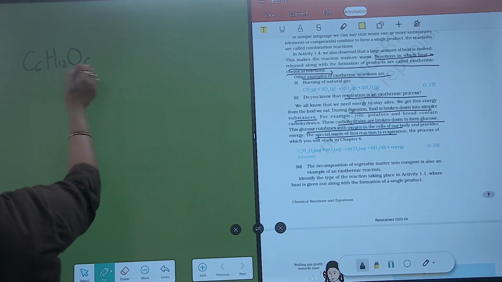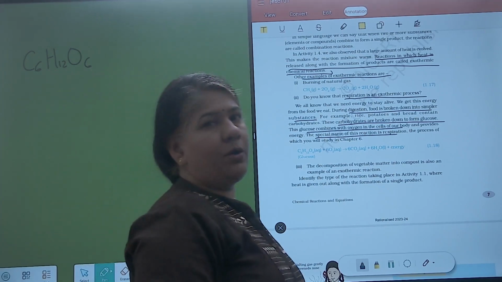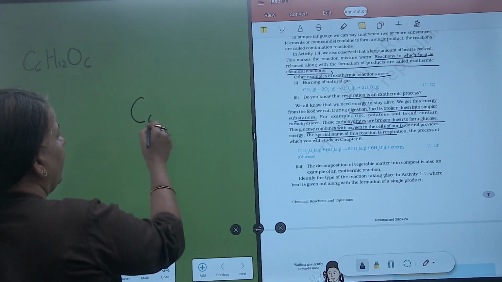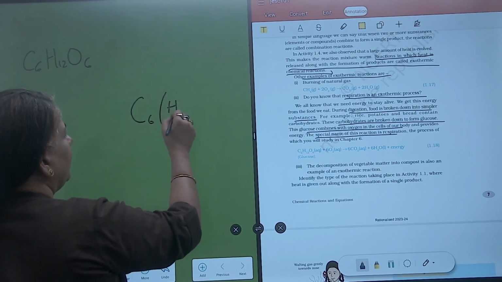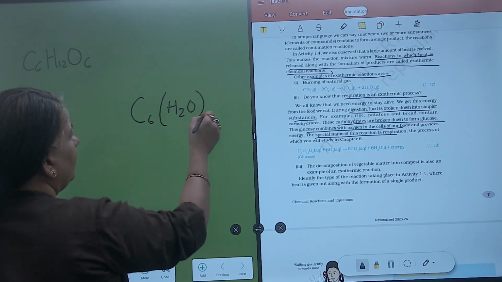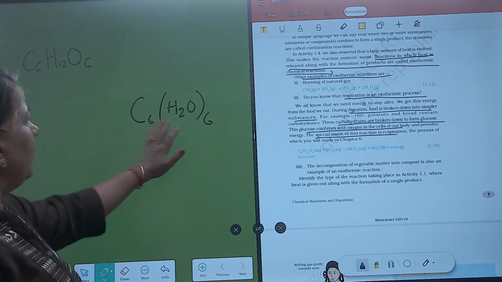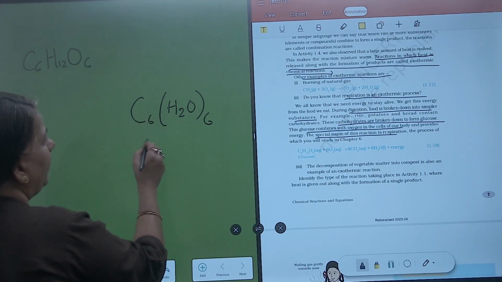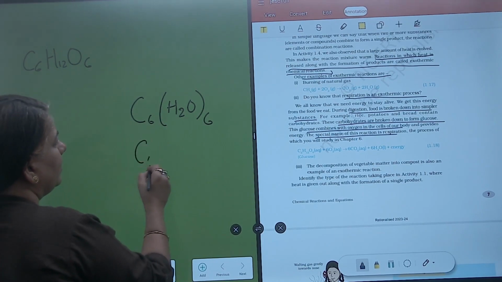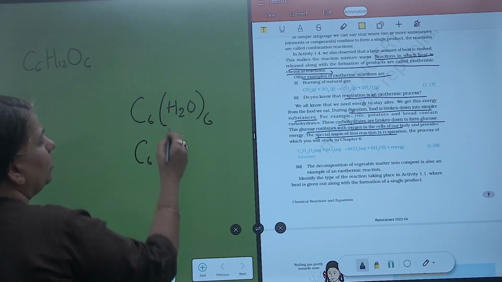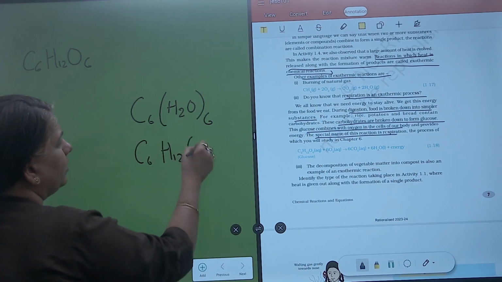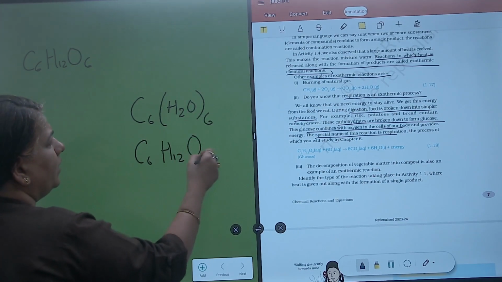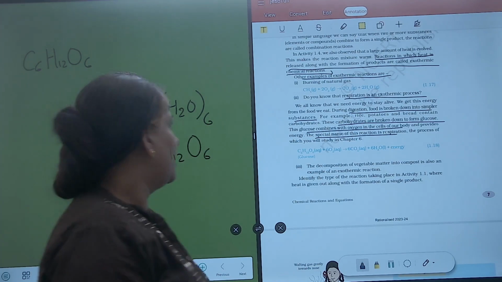C6H12O6. If you have difficulty remembering this formula, an easy way out is to remember it in this manner: C6H2O6, which is 6 carbon with 6 water. Now if you multiply 6 by 2, you get 12, and oxygen multiplied by 1 gives 6. So we get C6H12O6.